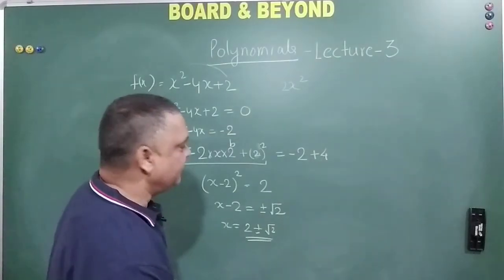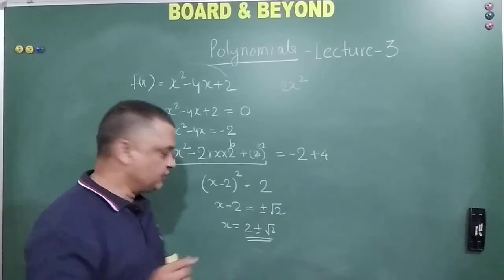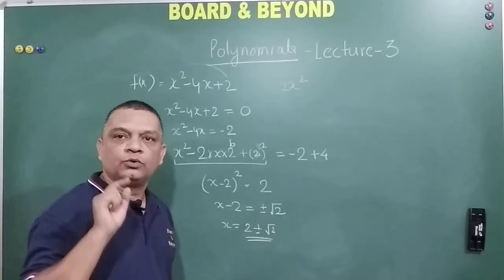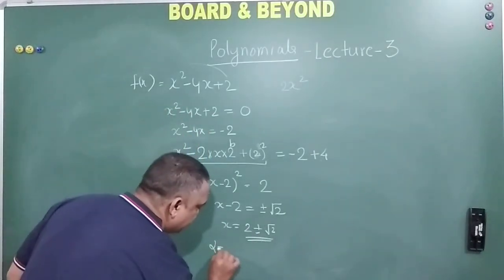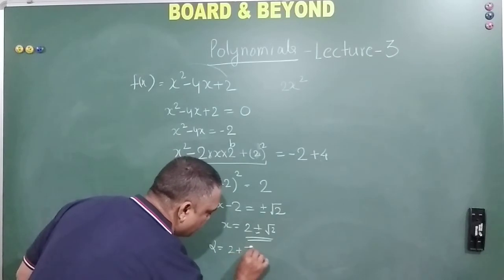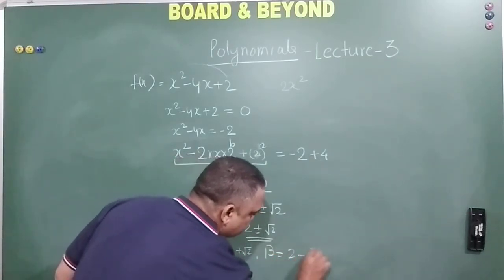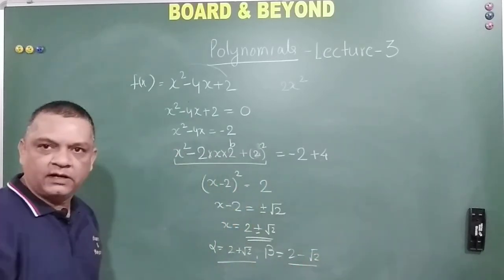So now finally we arrive at a situation wherein we can say one of the roots is equal to 2 plus root 2 and other root is equal to 2 minus root 2. Okay. So let us say alpha is equal to 2 plus root 2 and beta is equal to 2 minus root 2. So these are the roots that we have got, alpha and beta.